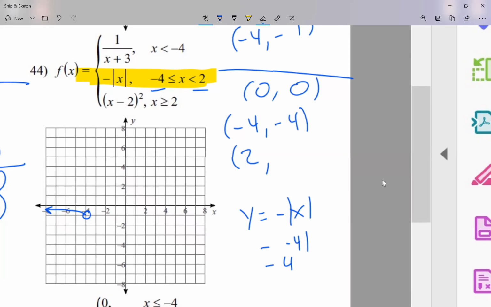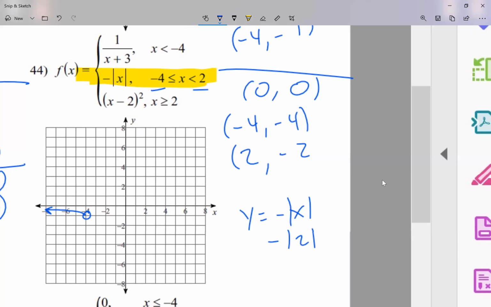Then using the equation, I said, well, what if x equals +2? I get -2. So the first point, -4, -4, is a closed circle.